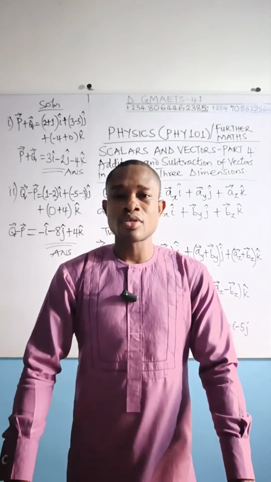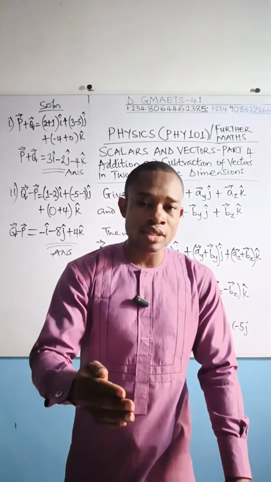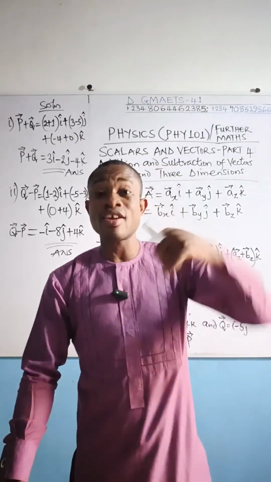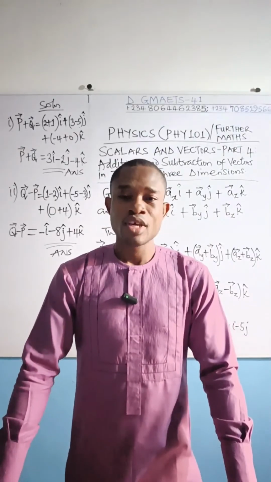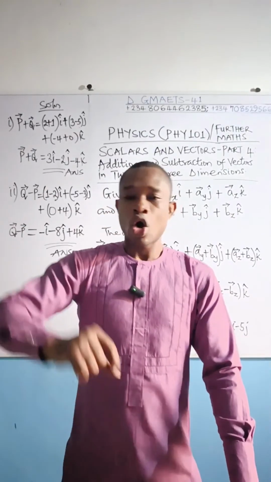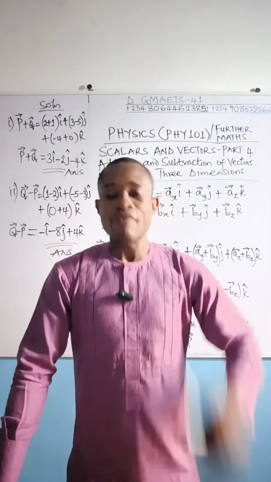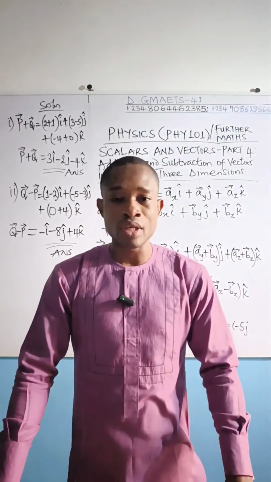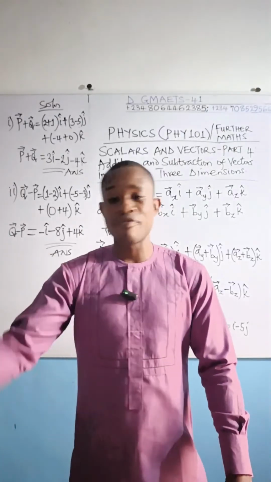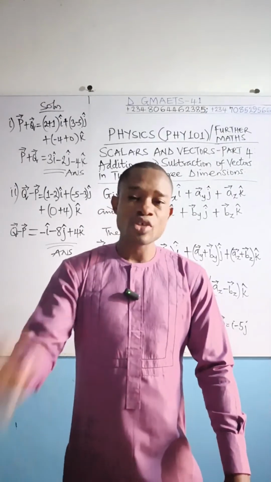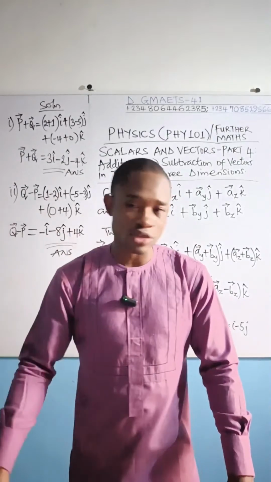It simply tells us that when you are adding or subtracting vectors, your final result is going to be a vector. I repeat, when you are adding or subtracting vectors, the result is going to be a vector. So the sum of two vectors produces a vector. The difference of two vectors produces a vector.